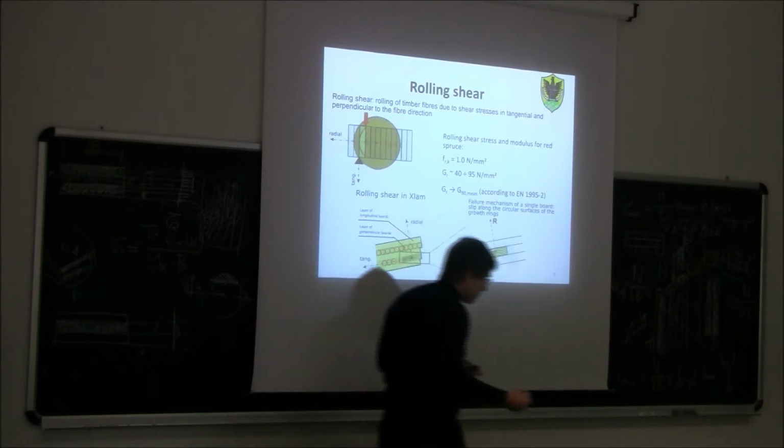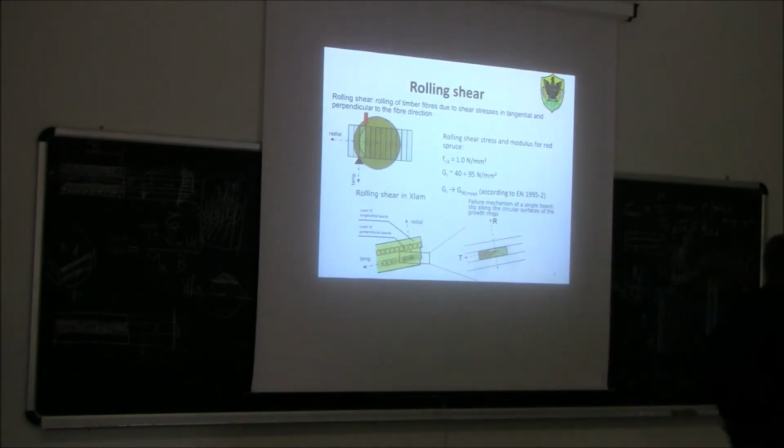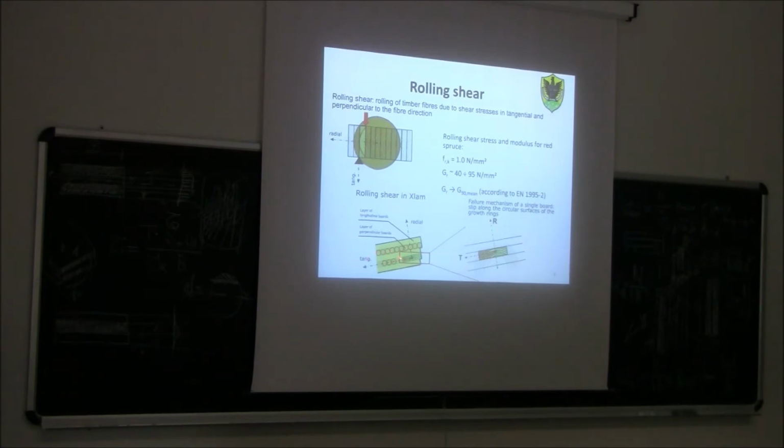In other words, what I'm trying to say is that if we look at the arrangement of the grain in a cross-lam panel, consider that this is a longitudinal cross-section of a cross-lam panel subjected to bending and shear, so this is the shear.